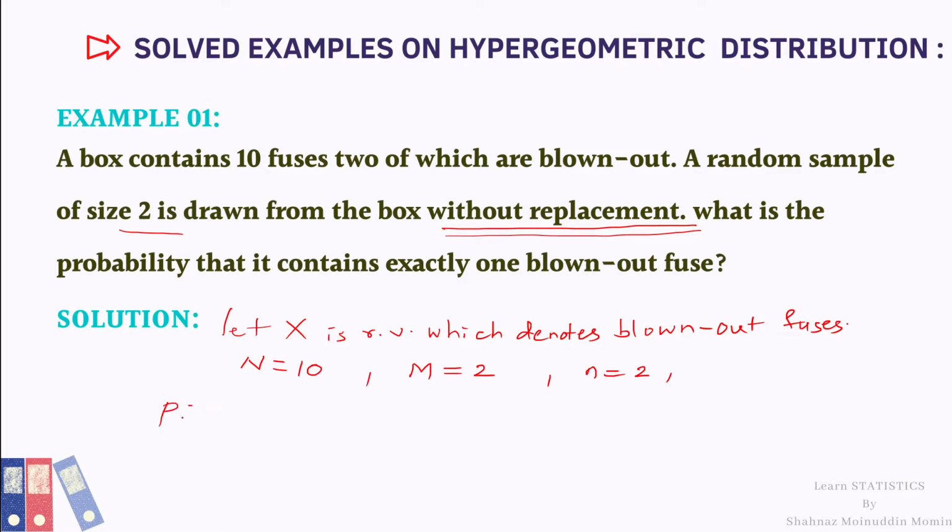Since this is the hypergeometric distribution, I will write down the probability mass function of hypergeometric distribution first. Probability of X equal to x is MCx into N minus M C n minus x divided by NCn.